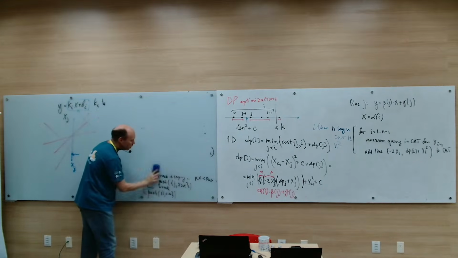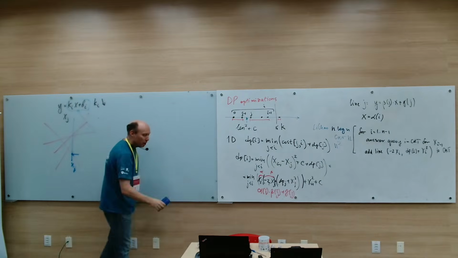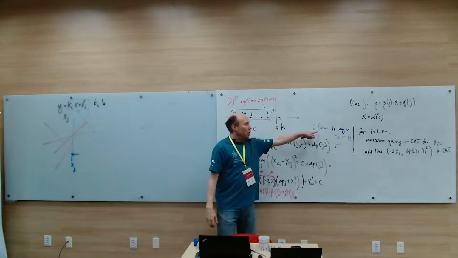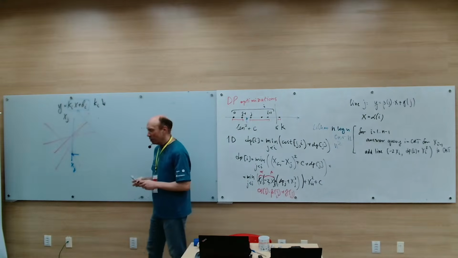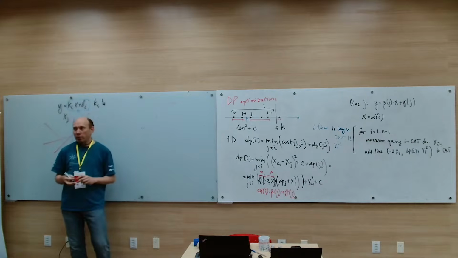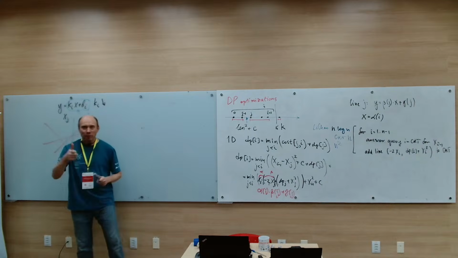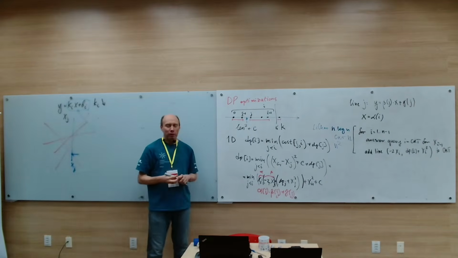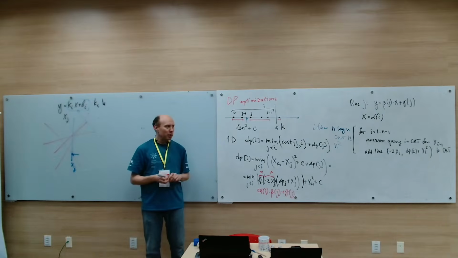Li Chao tree, let's start with the name. Li Chao is the name of a Chinese high school student. How can you get to IOI? By the way, has anybody been to IOI ever in your national delegation? Great. So, how did you qualify? You probably won your national olympiad and were selected for this.